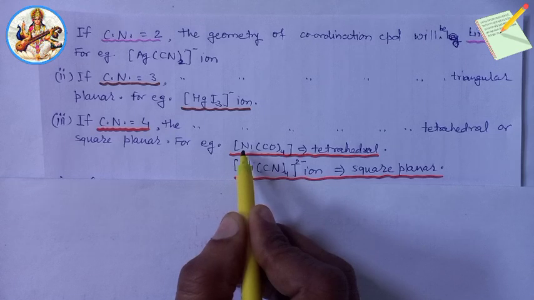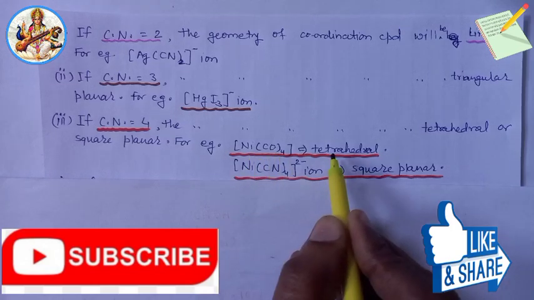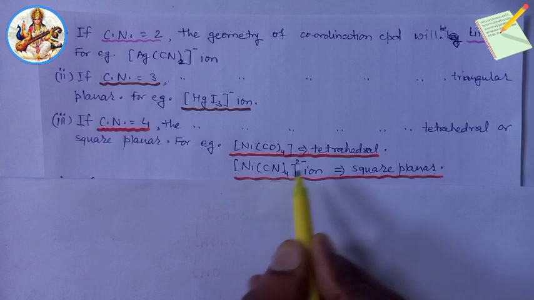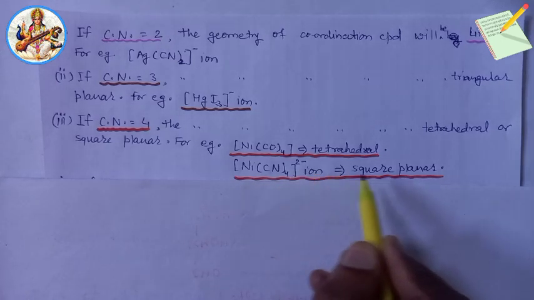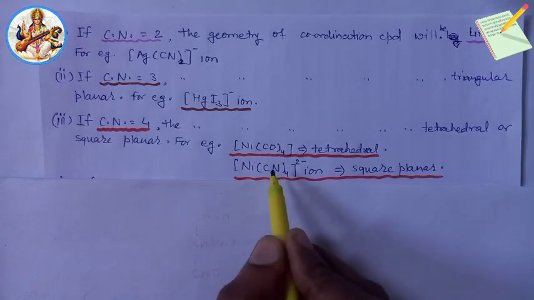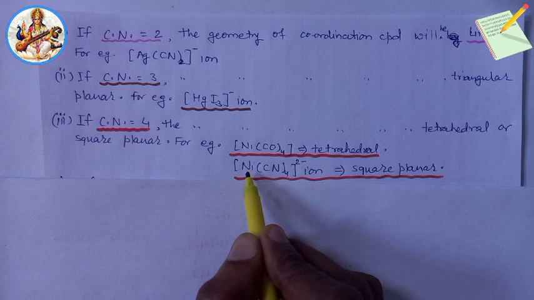Therefore, the hybridization state of nickel 0 in this complex is sp3, and the geometry is tetrahedral. Similarly, [Ni(CN)4]2- ion, the geometry is square planar. In square planar geometry, the hybridization state of the central metal is dsp2.